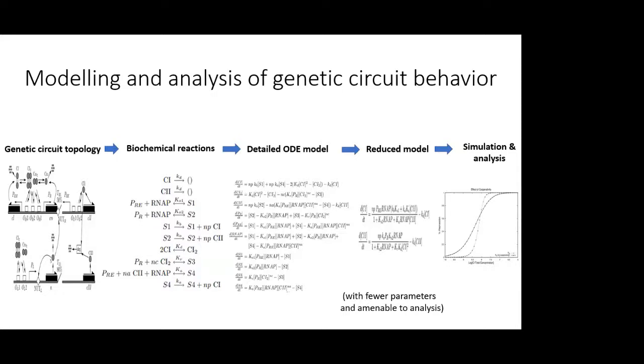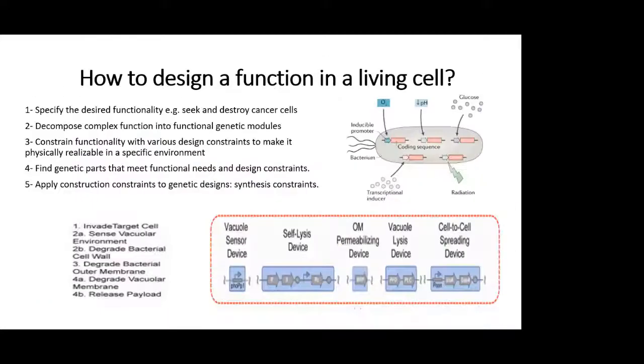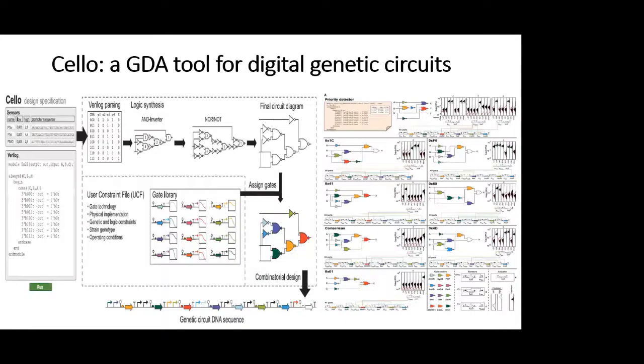This Boolean logic can be implemented by genetic logic gates, and you can have this workflow automated using a GDA tool like Cello.